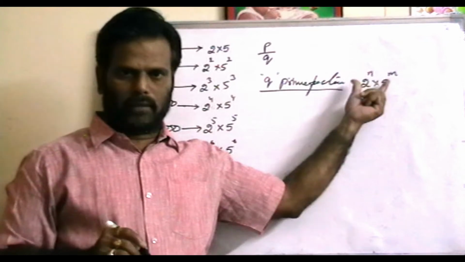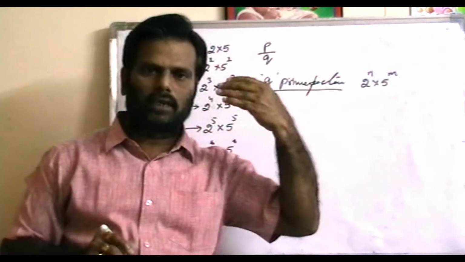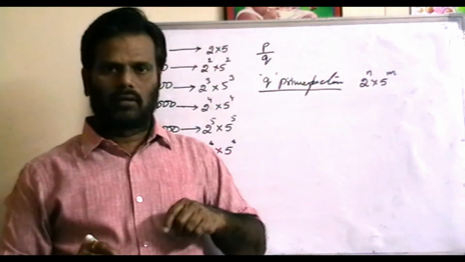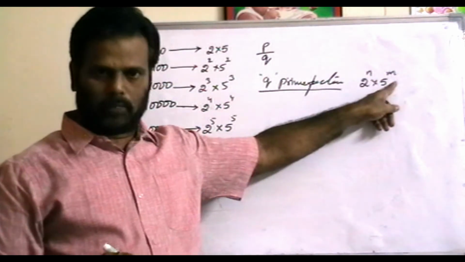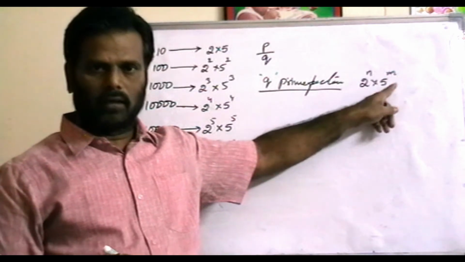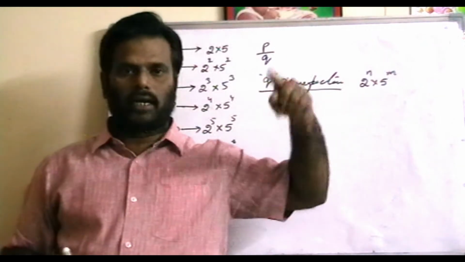If there are any prime factors other than 2 and 5, then we can say directly that it is a non-terminating but recurring decimal.